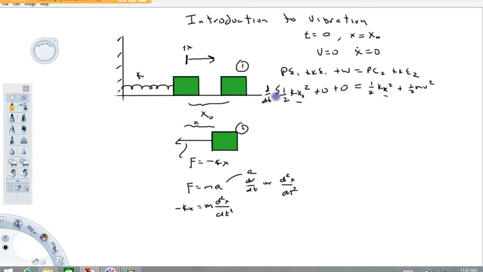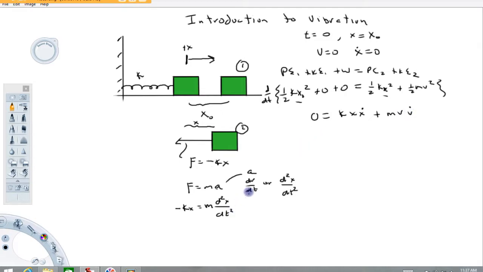is we can time differentiate the whole thing. The left-hand side, when we take the time derivative of this, we get 0 because there's nothing in this equation that's changing. When we take the time derivative of this term, we get kx x dot, or kx dx dt. And when we time differentiate this term, we're going to get mv dv dt, which is v dot.